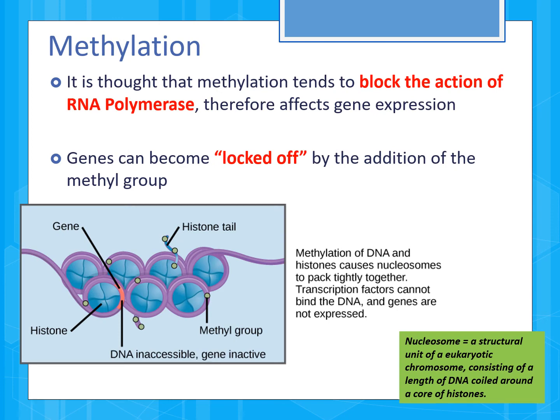So what happens is the DNA is more tightly coiled, and so it blocks the action of RNA polymerase. So if the DNA is methylated, it has these methyl groups on cytosine bases, it essentially can lock genes off. Okay, so more tightly coiled, inaccessible, so the gene is inactive because RNA polymerase can't bind to the promoter, can't initiate transcription.